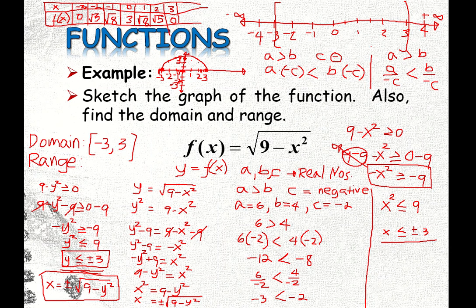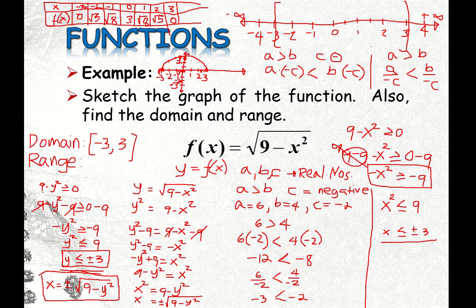And when y is equal to 0, so square root of 9 is 3, so exactly here. Okay, now if you go +1, so when y is +1, 1 squared, so square root of 9 minus 1 squared, so square root of 8. So x is square root of 8, so still somewhere here.